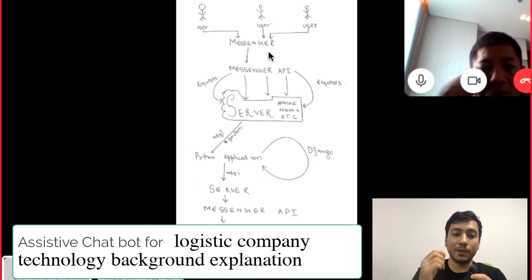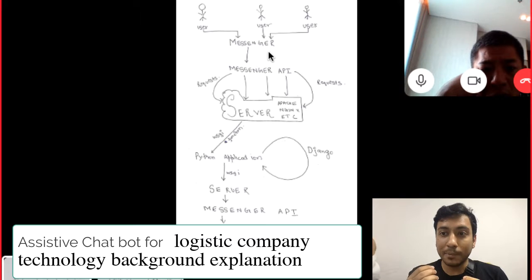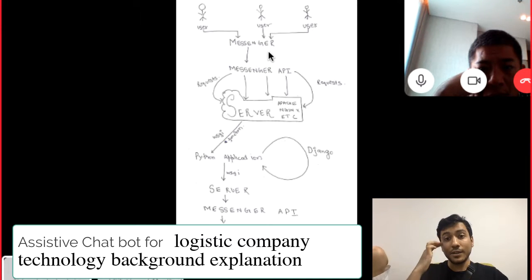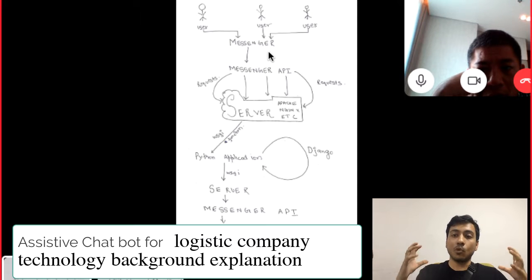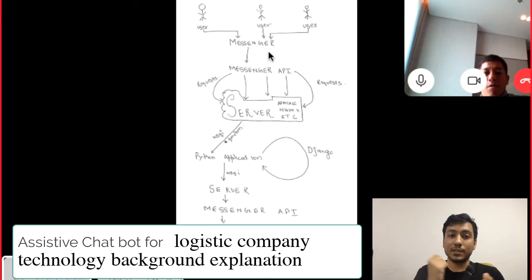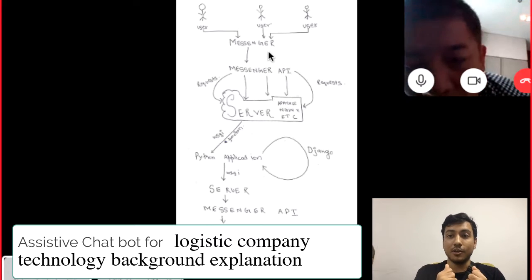This WSGI function is very complicated and needs a lot of expertise to write. So many good Python developers have developed frameworks which help you implement WSGI with your Python application.